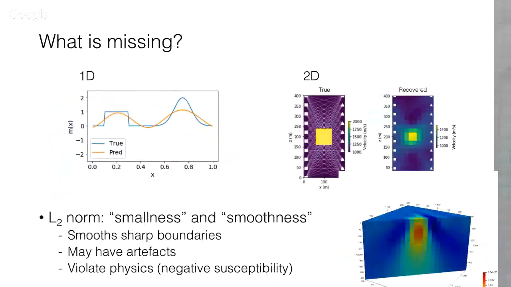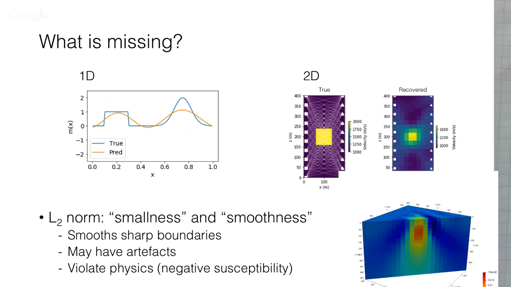So the question is, what is missing in the 1D, 2D, and 3D? The thing that you see is that in the L2 norm, because we're working with the smoothness term, it really smooths out any kind of sharp boundary. So if we have something that looks like this, it will always smooth it out.